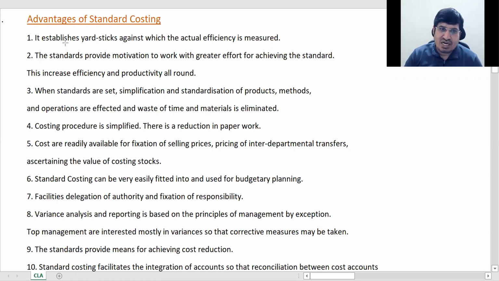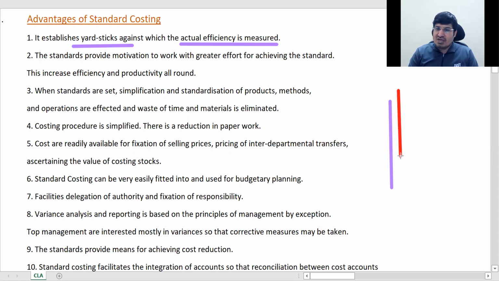So the advantages are: it establishes yardsticks against which actual efficiency is measured. Yardstick means it shows how good it should be, what the actual should be like. This is your yardstick, and say your actual cost is coming out like this in red, as I'm showing.